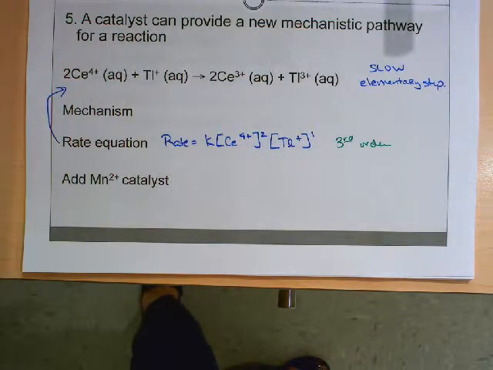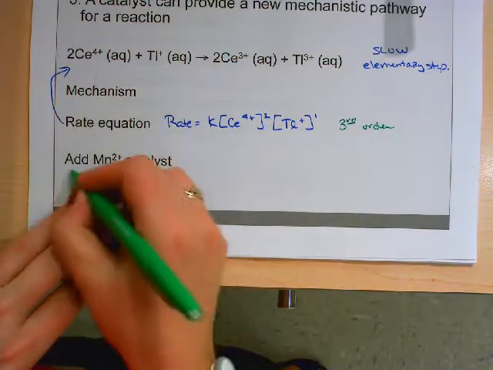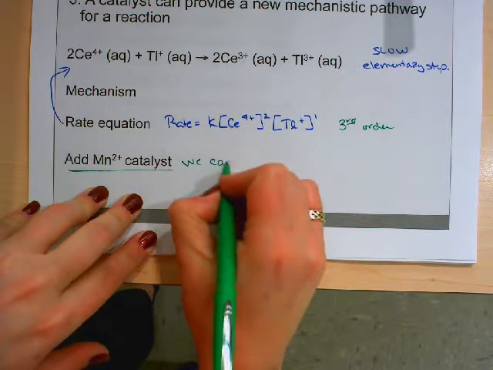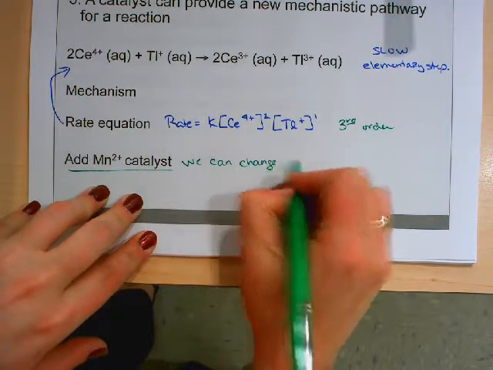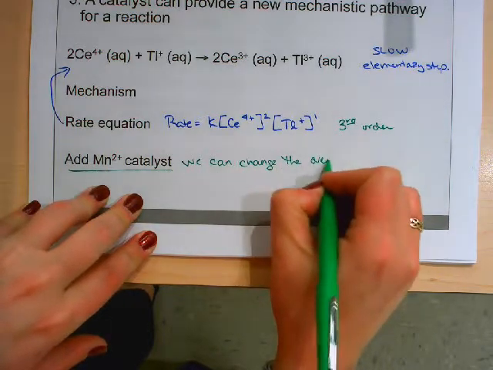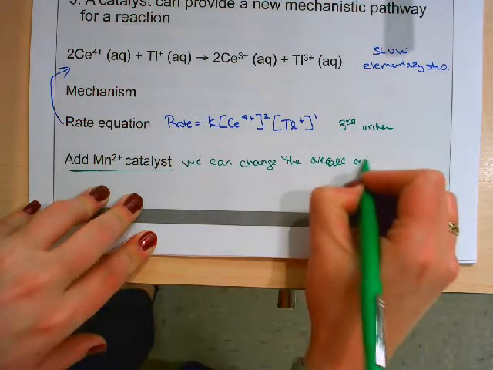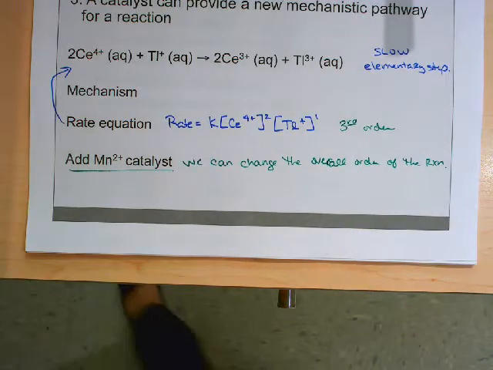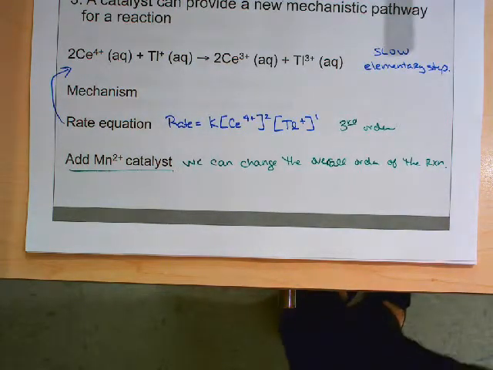That is complicated, right? It's hard enough to get 2 things to slam into each other, but to try and get a third molecule to all slam in together all at the same time, all at the same speed, really, really hard. So, if we add a manganese catalyst, we can change the overall order of the reaction and make it speedier, more likely to happen.